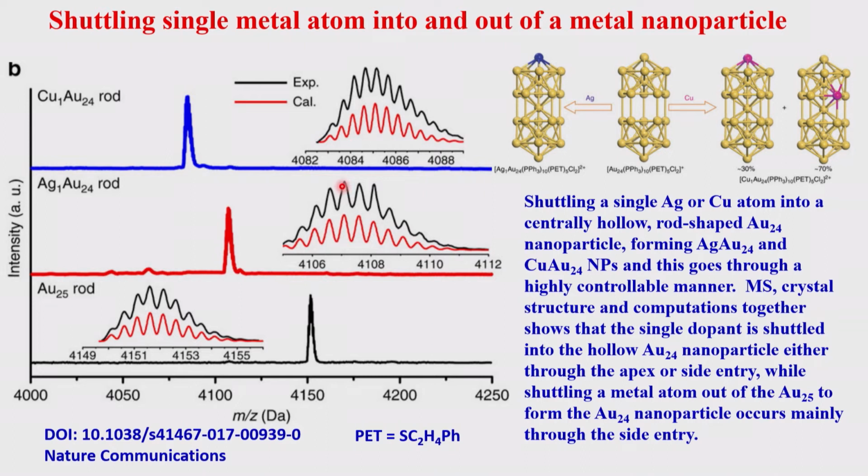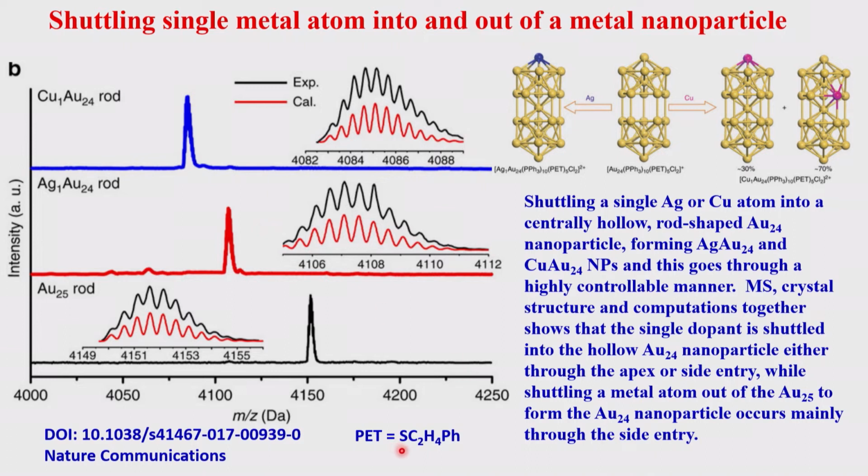Pattern look may not change so much, but the distance between the peaks will also change, because you are replacing one gold by one silver, and then here one gold by one copper, and then correspondingly these ones. So you can use the mass spectral technique to identify these nanoclusters, the changes, etc.